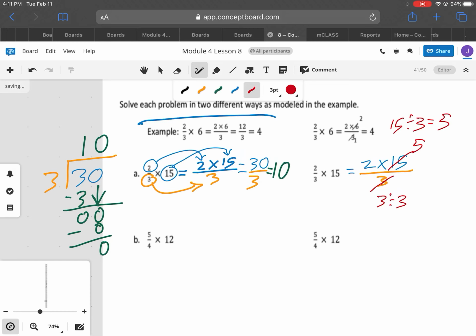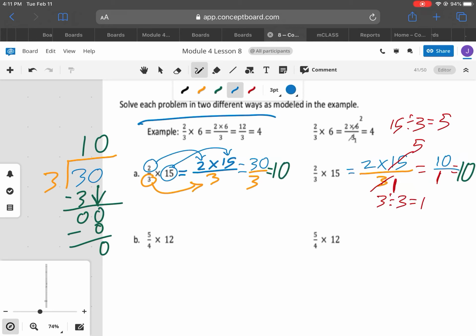And 3 divided by 3 equals 1. So I'm going to have a 1 down here. And now I'm going to go across, and it's going to be 5 times 2 is 10. And on the bottom I'm going to have a 1, which hopefully you see is equal to 10. 10 ones is 10.